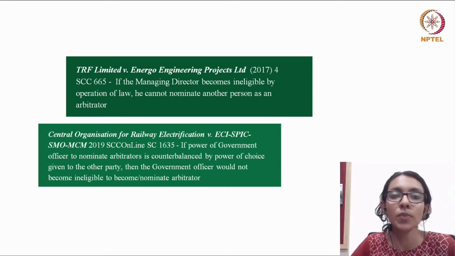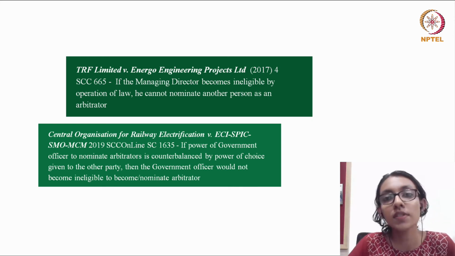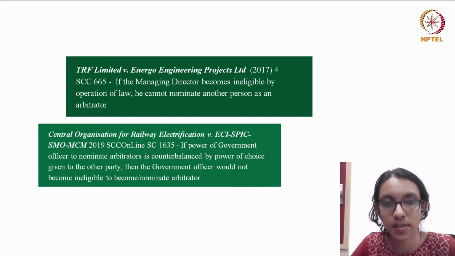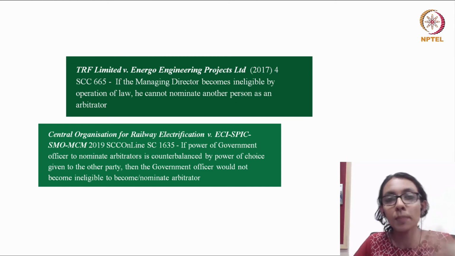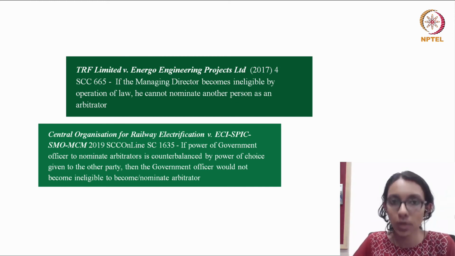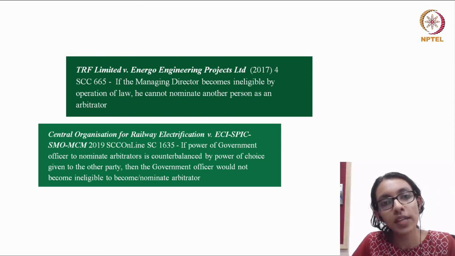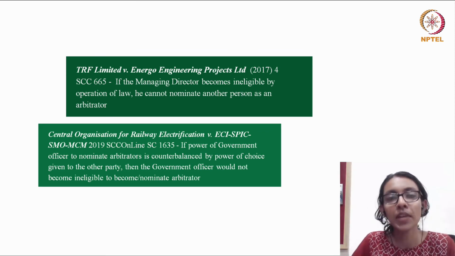This was laid down by the Supreme Court in TRF Limited versus Energo Engineering Projects. In this case, it was held that if the managing director becomes ineligible because of conflict with any law, then he cannot nominate another person as an arbitrator.